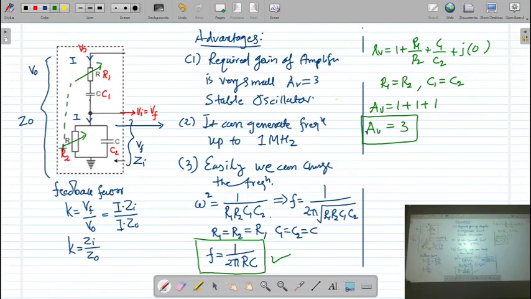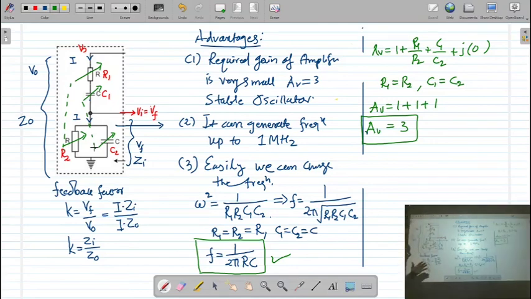Here the resistances R1 and R2 are variable and they are connected to each other. So if I change R1, automatically R2 will also change simultaneously. In the same way, here the capacitors C1 and C2 are there. If you change the value of the capacitor, then the frequency will also change.